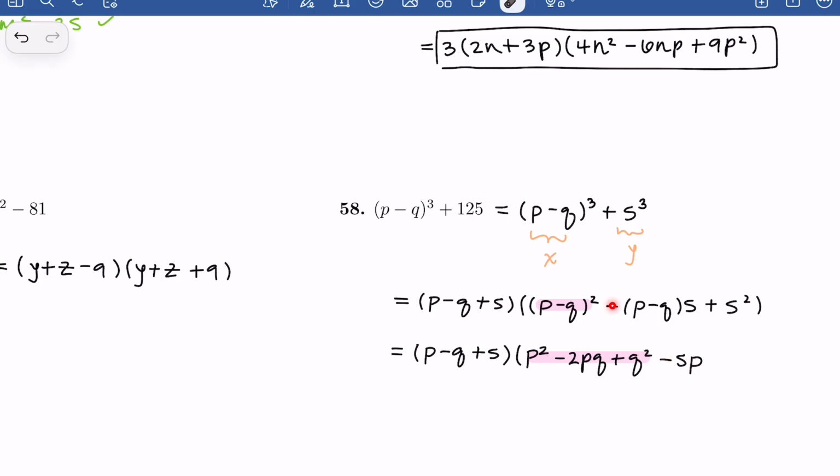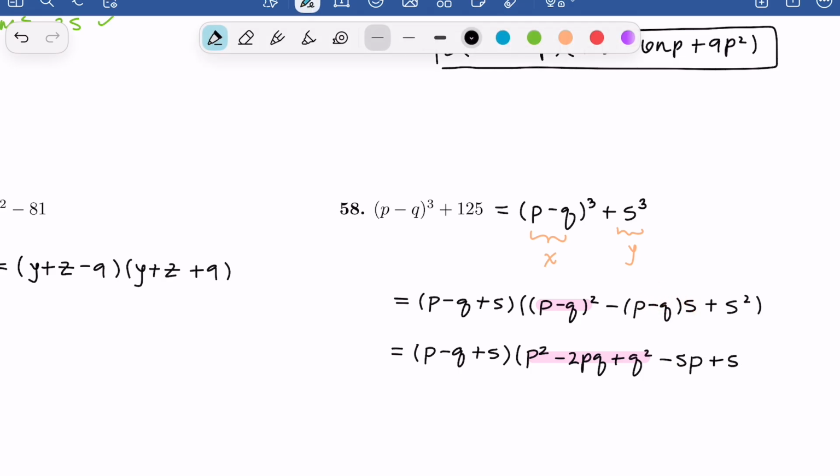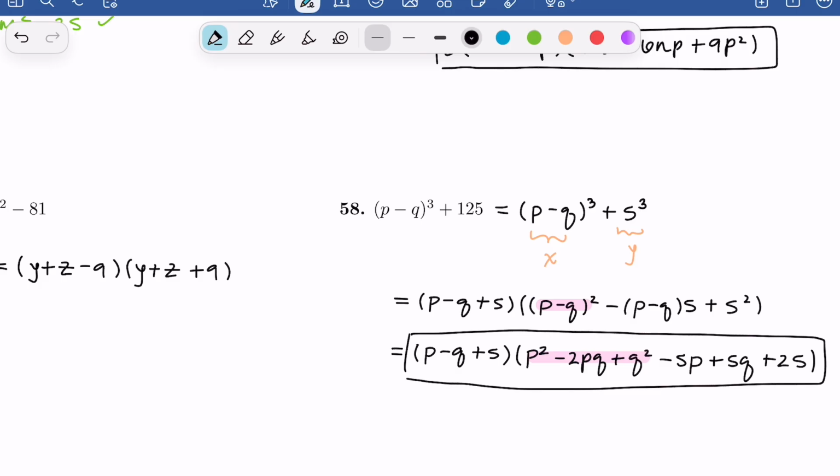We can think of it as distributing this negative, so we're going to get a minus p and a plus q, and then we're multiplying 5 to both of those. So we're going to end up with a plus 5q, and then lastly we have a 25 for 5 squared. And that would be our final answer because we can't simplify it any further. So this would be the factored form of that polynomial using our sum of cubes formula.